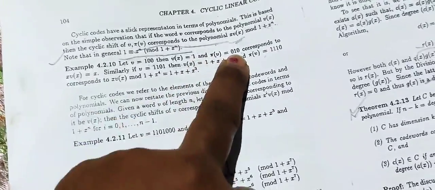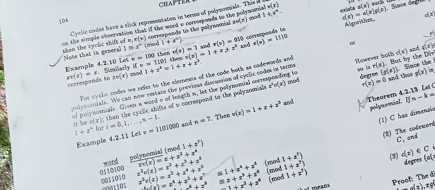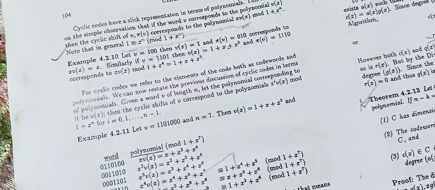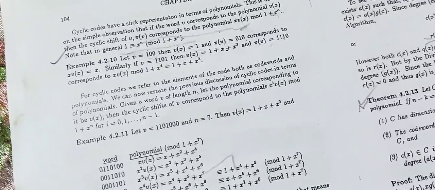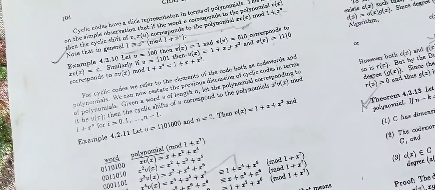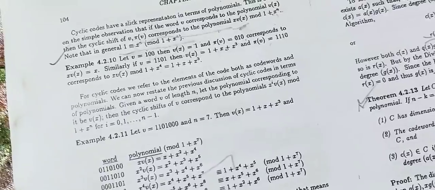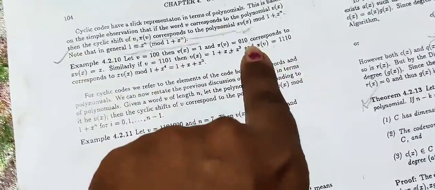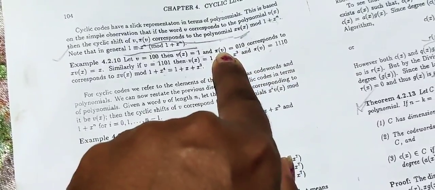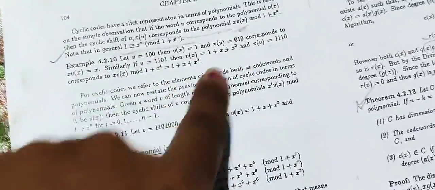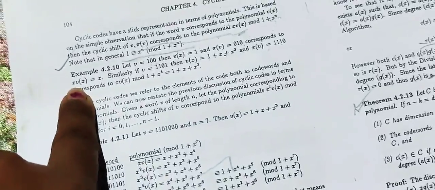Pi of v means 0 1 0. So the first one is 0, the second one is the coefficient of x, which is 1. So the polynomial corresponding to pi of v is x. So this is the same as x v(x).